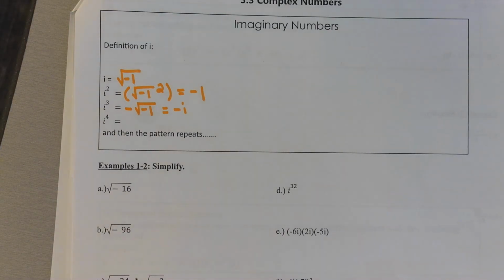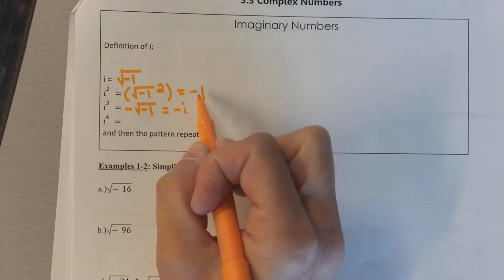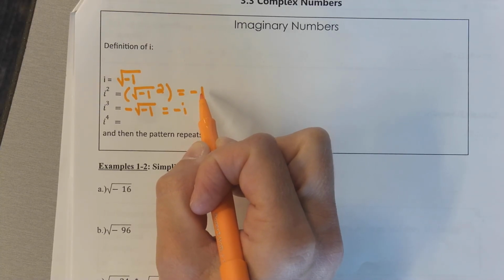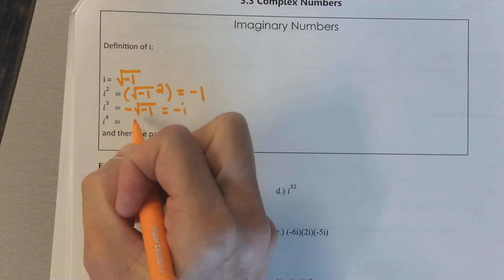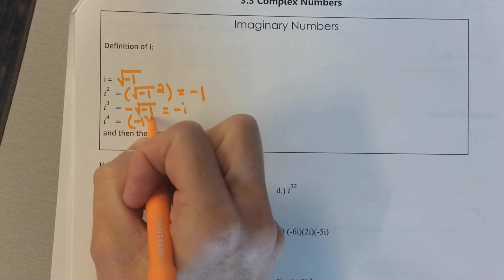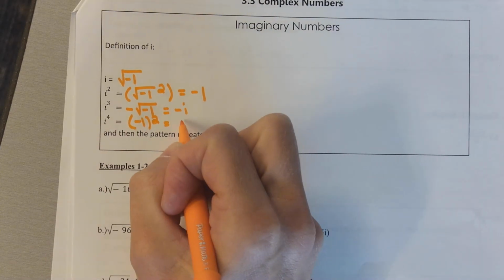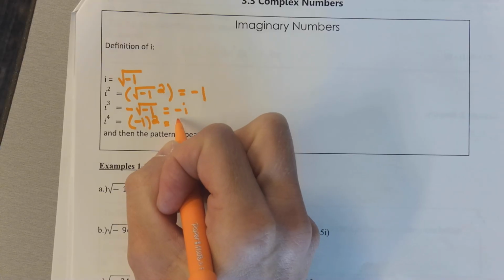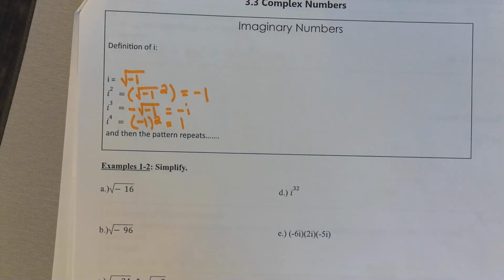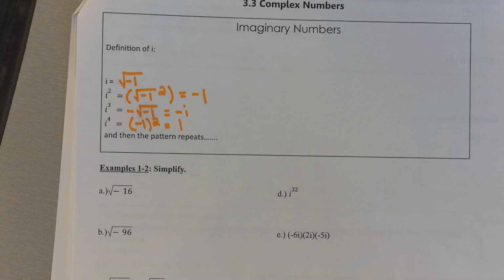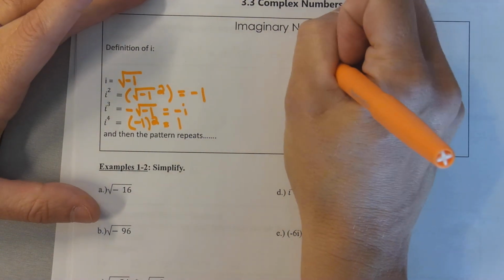And then i to the fourth would be squaring this. So if we take i squared and square it, what is -1 squared? Just 1. So i to the fourth would be 1. And then it repeats.